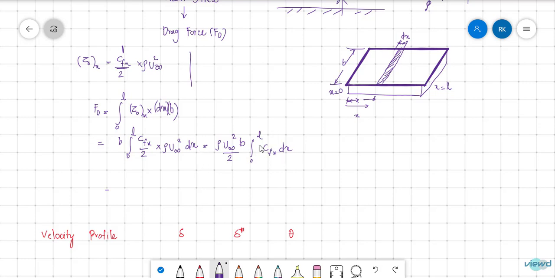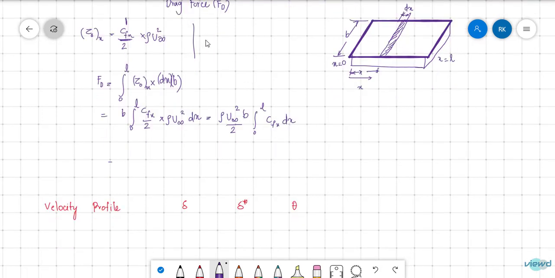Now drag force can also be represented as CD by 2 into rho u infinity square into area. Area means area of the plate, that is B into L. So this is the drag force.